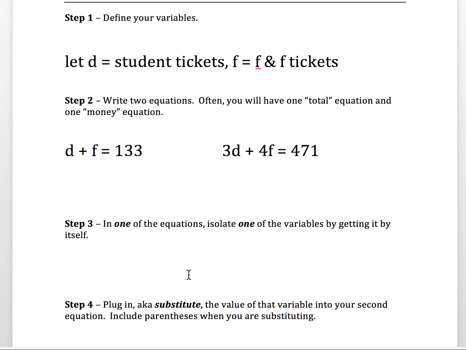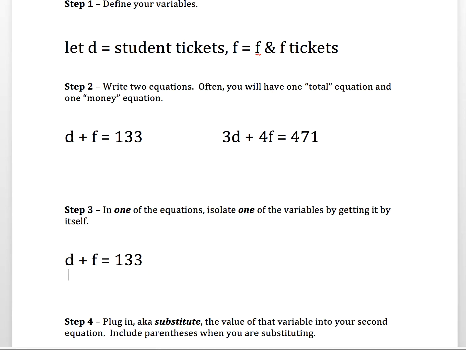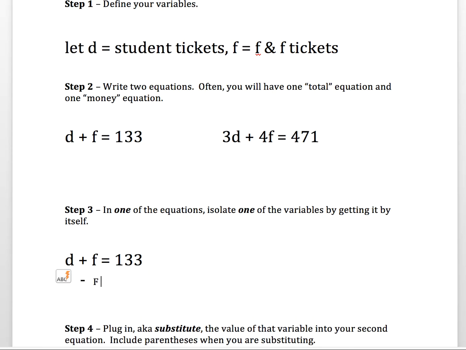Step 3. In one of the equations, isolate one of the variables by getting it by itself. So we're going to take this first equation and we're going to subtract F from both sides.